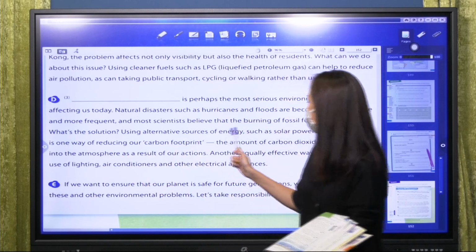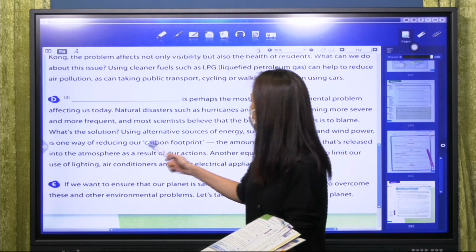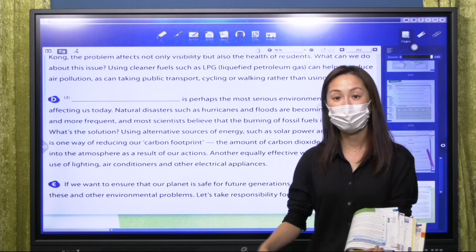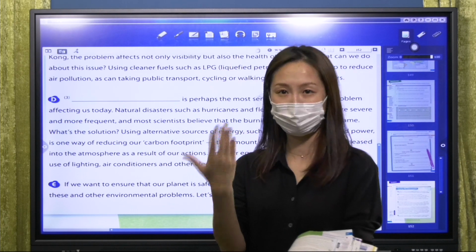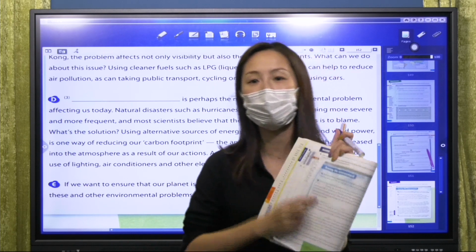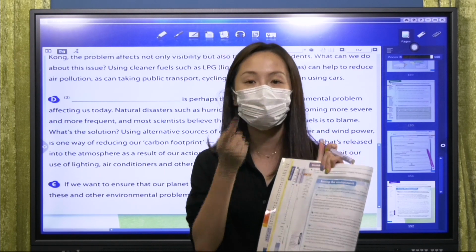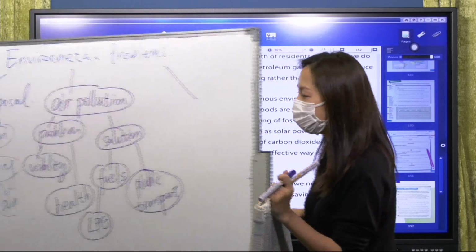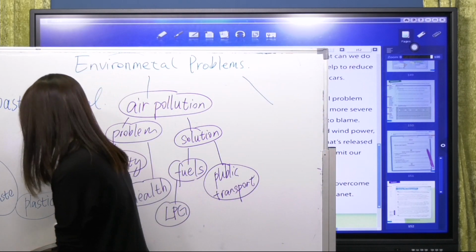Use alternative sources of energy such as solar power and wind power to reduce our carbon footprint. Carbon 碳 footprint 腳印 Okay, so what does carbon result in? 我哋用碳用得多會導致乜嘢呢? So if we look at all the word choices here, it should be global warming, right? So for the third one here, it should be global warming.